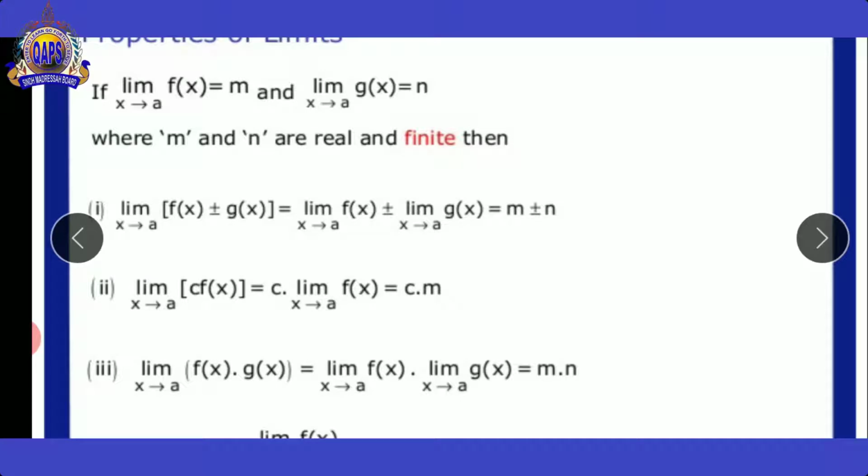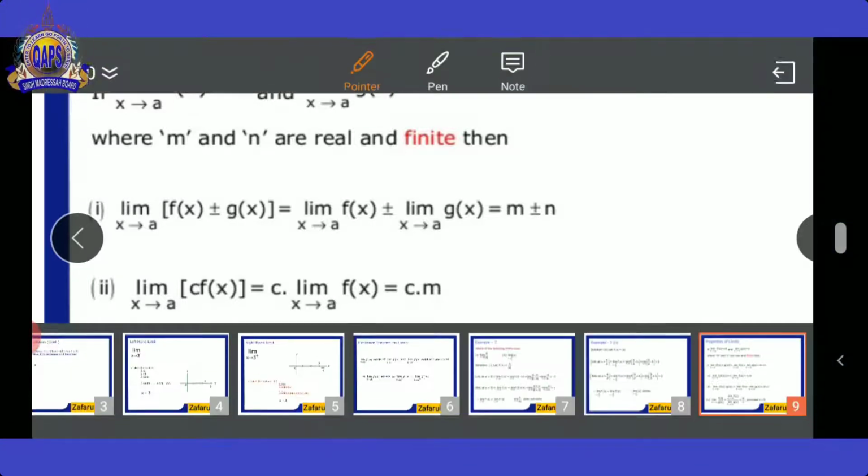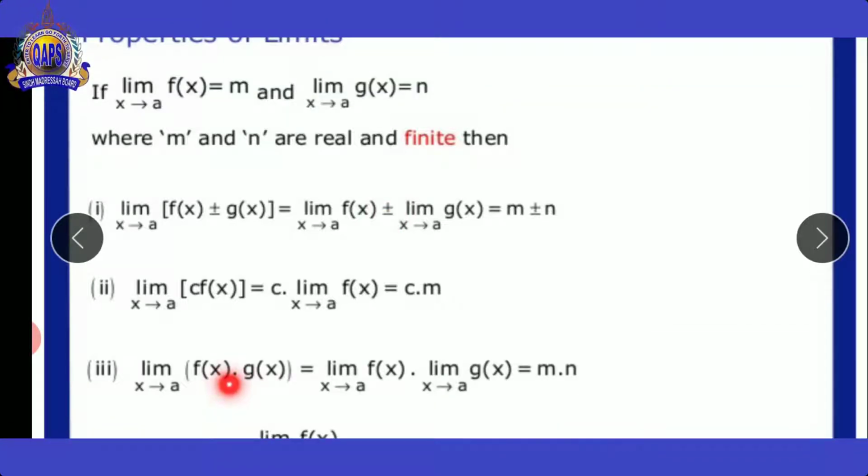Now the same here, in the limit as x tends to a, when there are two different functions in the form of a dot product, or you can say multiplication form, you are always applying a separate limit, as given here, limit x tends to a, separately on the function f of x, and again applying the limit on g of x.